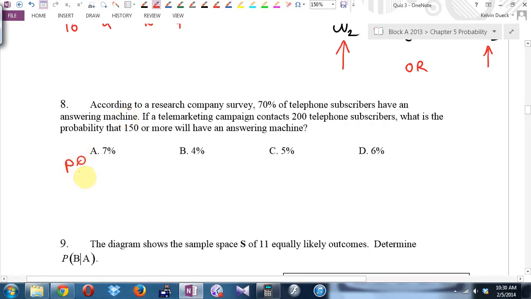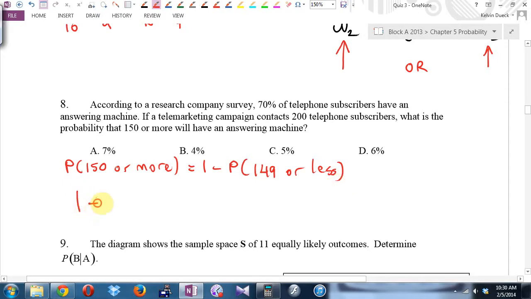The probability of 150 or more my calculator can't do. What's the opposite of 150 or more? 149, so it's going to be 1 minus the probability of 149. In fact, this is the same as we just did 2 questions ago. I just made the numbers bigger to show you where they might actually use this in industry.